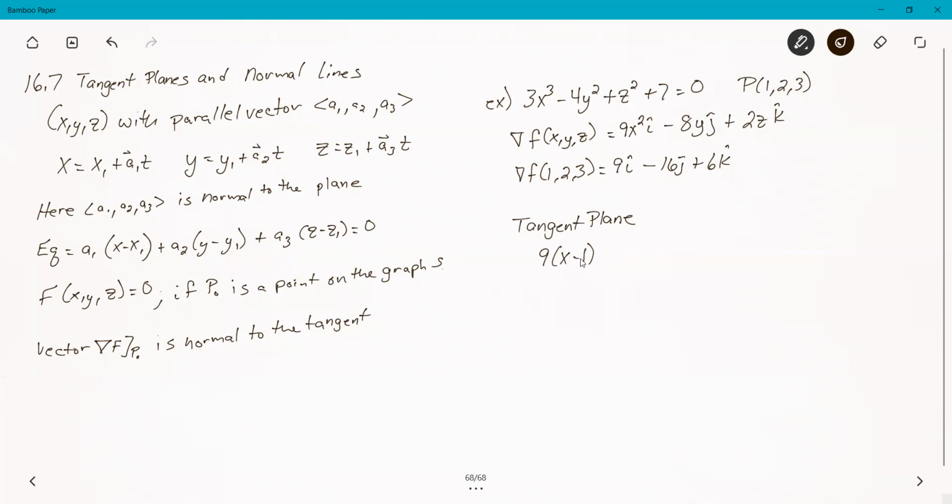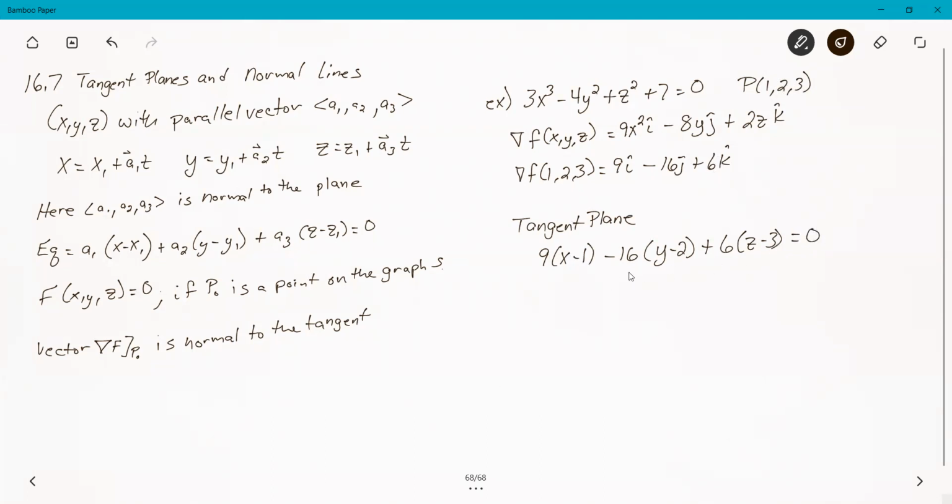So 9 times my x minus 1, and then minus my 16 times y minus 2, and then plus 6 times my z minus 3, and then that's equal to 0.